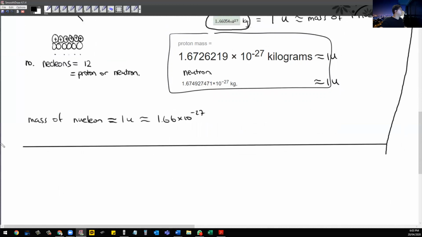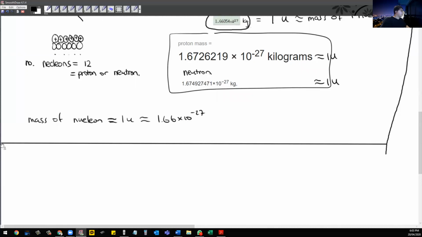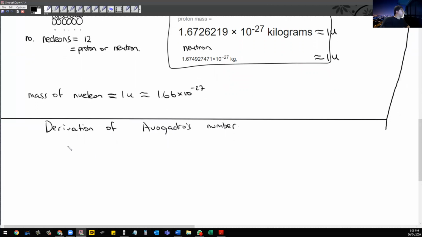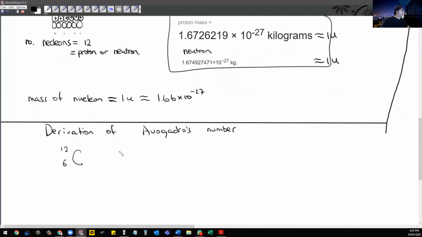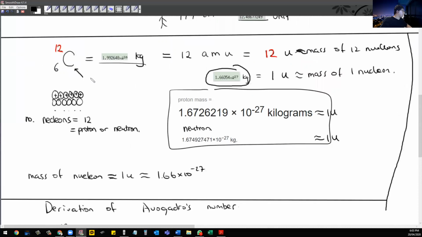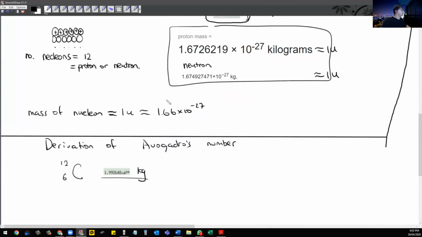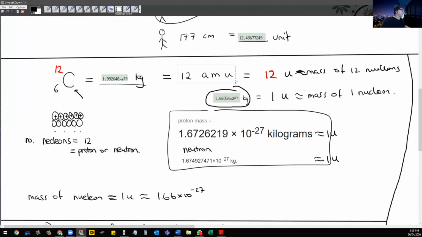Now, let's talk about the derivation of Avogadro's number. Okay, so we know that carbon 12 weighs a very tiny mass, this much here, and we're going to let that equal 12 AMU.